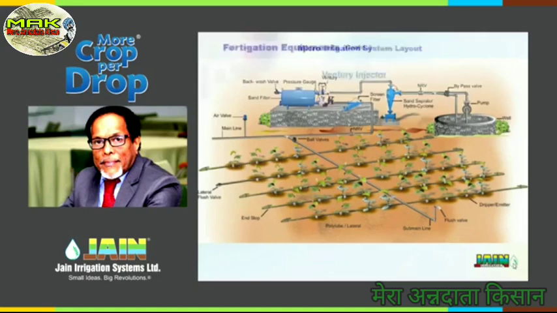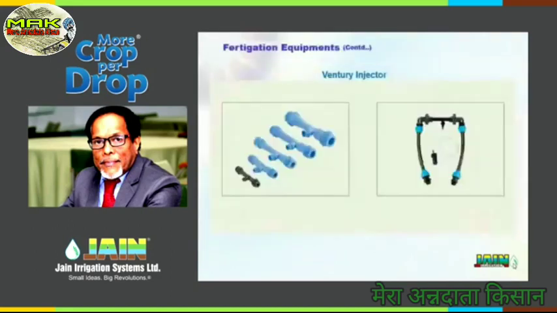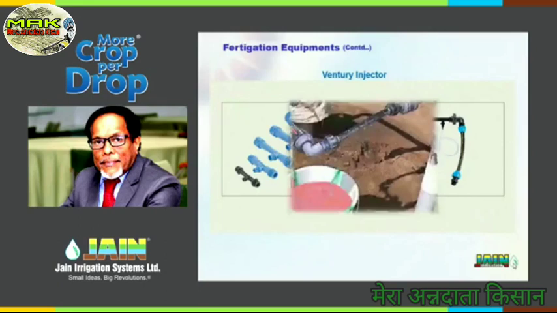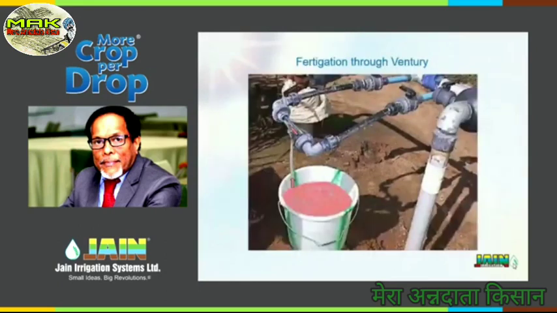Now, these are the Venturis. In Jain Irrigation, we have Venturis available from 3/4 inch to about 2 inch, 2.5 inch. This is a very crude way of showing some colored solution going up. By adjusting the valve, which is hidden in this picture, you can create a vacuum at the red arrow shown on top of the Venturi, and suction will start.